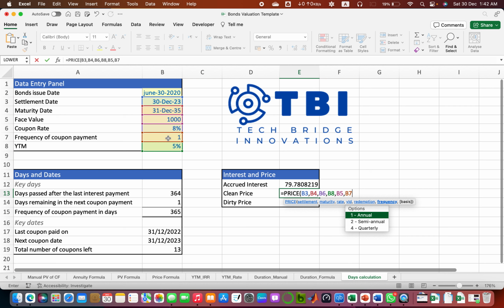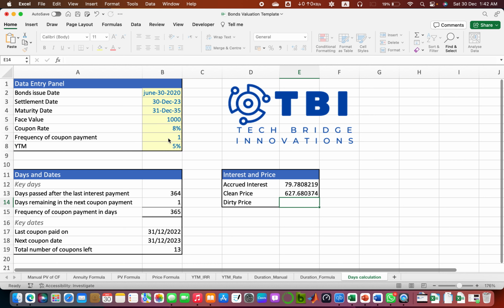I forgot the basis, 3, and that's it. So this is the clean price, and if you add these two, clean price plus accrued interest, that is the dirty price of the bond.